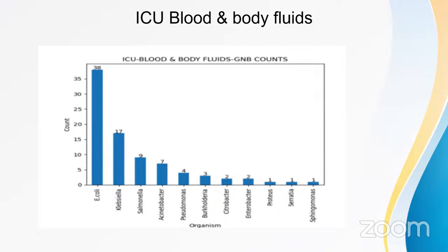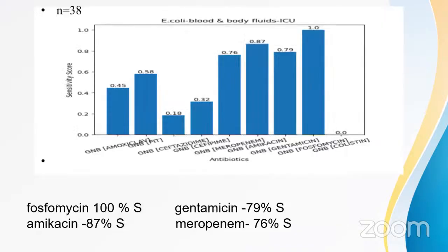So we can see what the susceptible antimicrobials are. Here we can see fosfomycin 100% susceptible, amikacin 87, gentamicin 79, and meropenem 76. If we take it as empirical antibiotic, we hardly have much choice. Only fosfomycin and amikacin go above 80% susceptibility, gentamicin and meropenem above 75%.